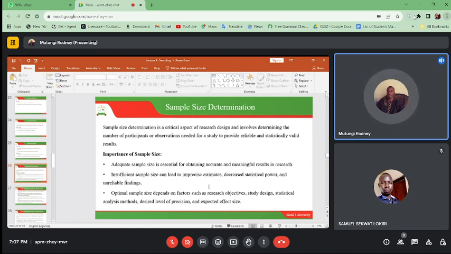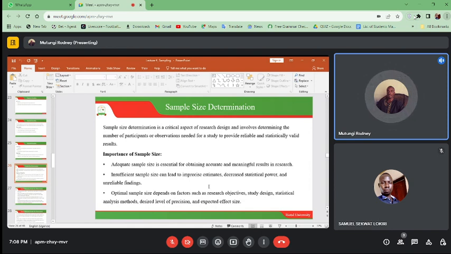So you need to know all those factors. You need to know how precise or how much power you desire for your study, and this could also depend on other factors. It could be the people that will publish it, the effect that it should have on the population.